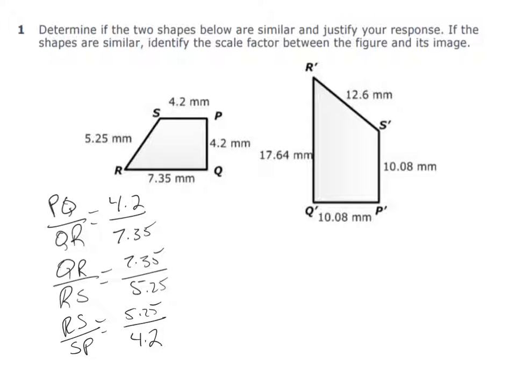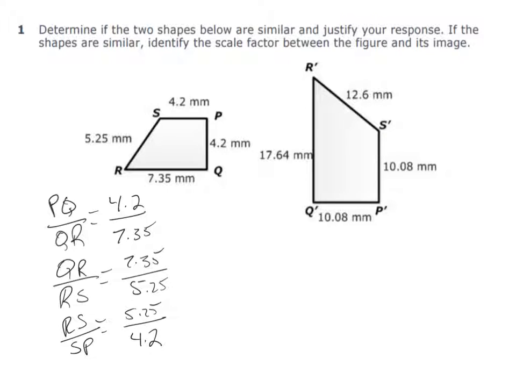All right, so do we have any more? Make sure we got them all. I started with PQ and QR. Then I went from QR to RS. Then I went from RS to SP.